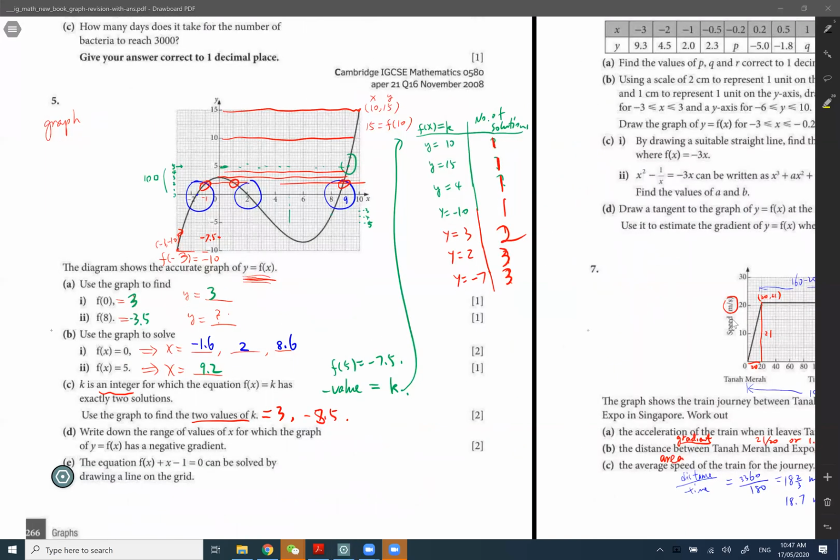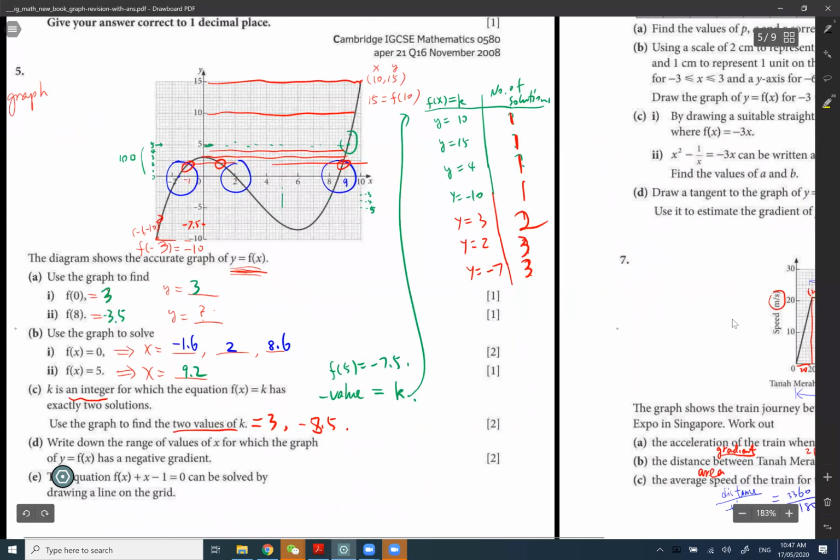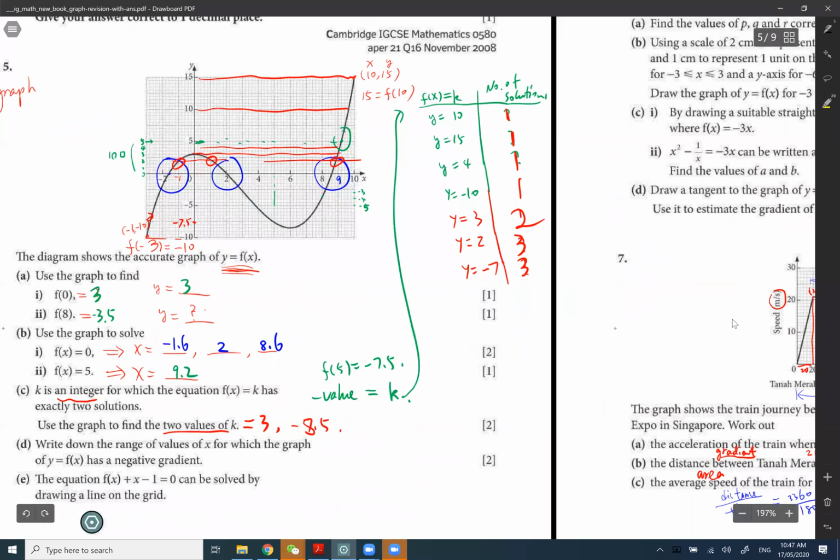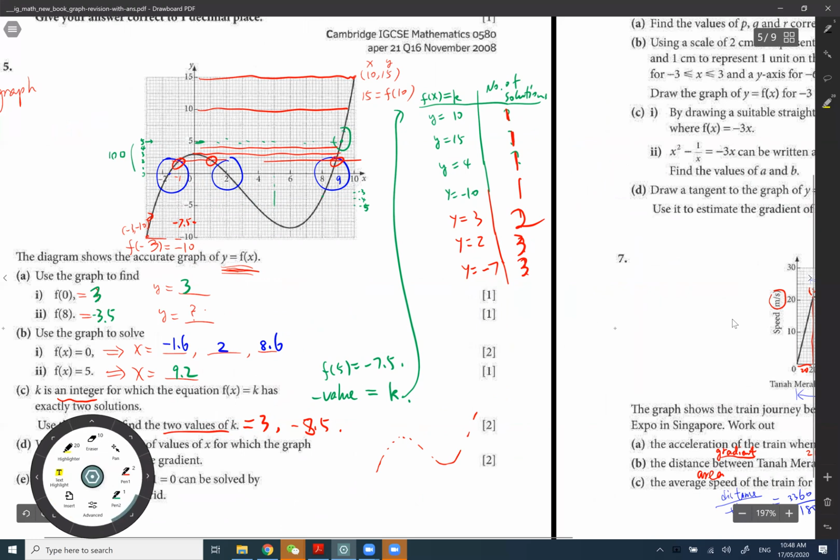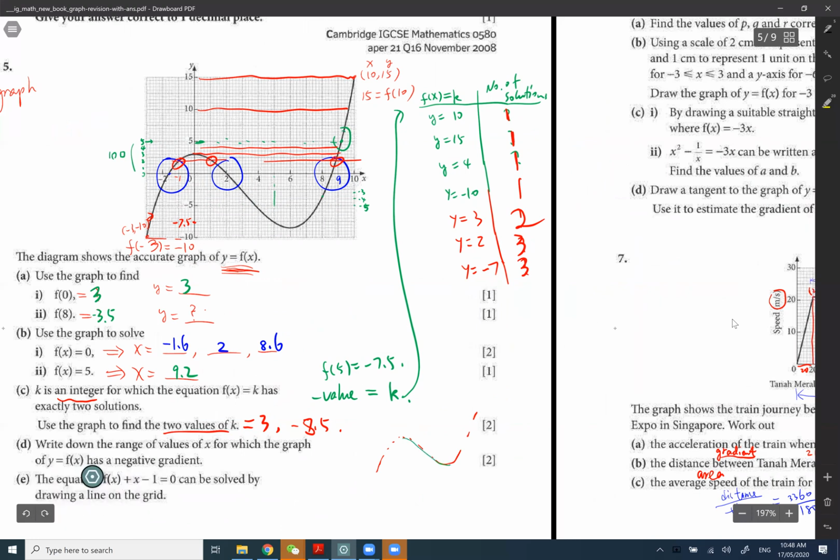This is a question, part D. The graph has negative gradient. This is positive gradient, negative gradient, positive gradient. So negative gradient is really asking you about this piece.